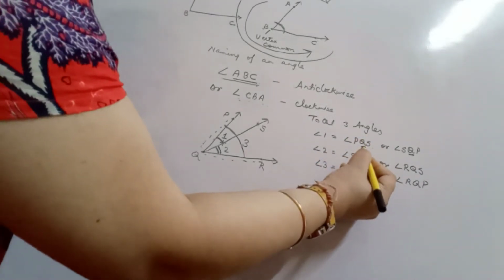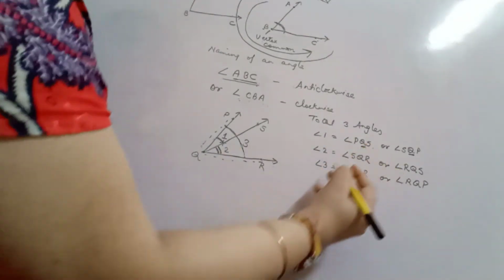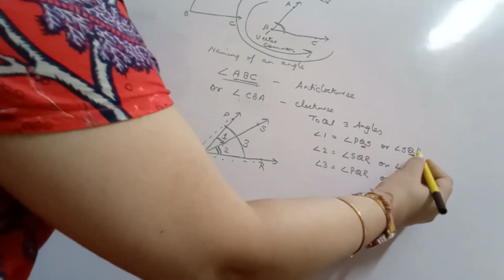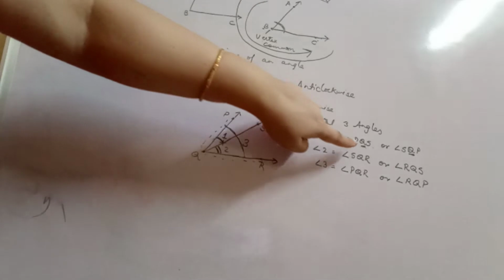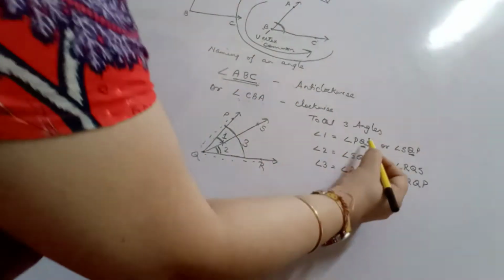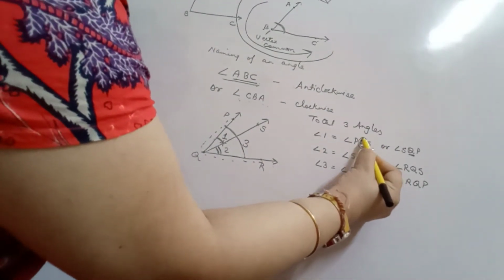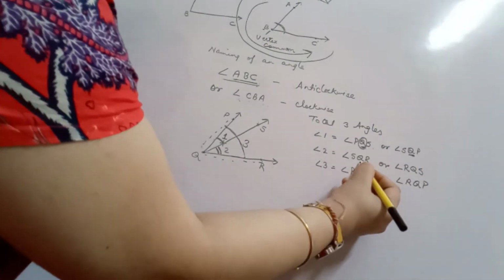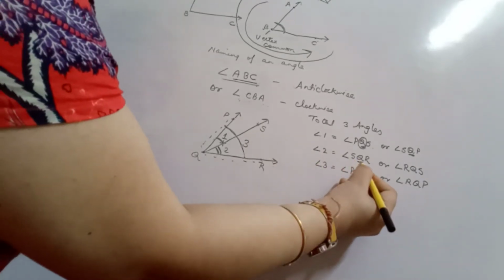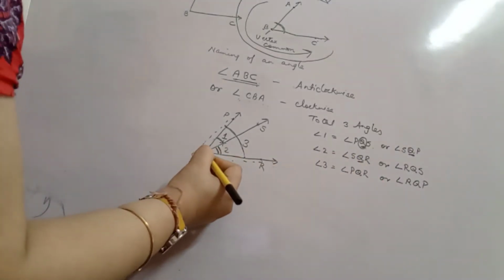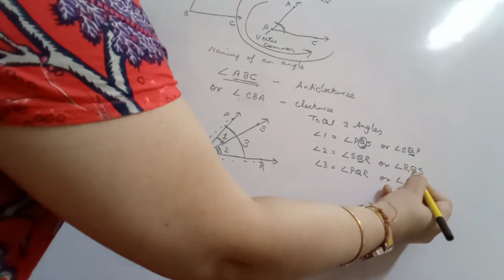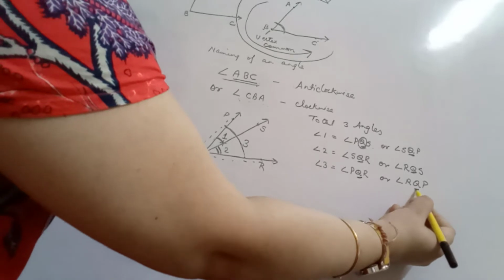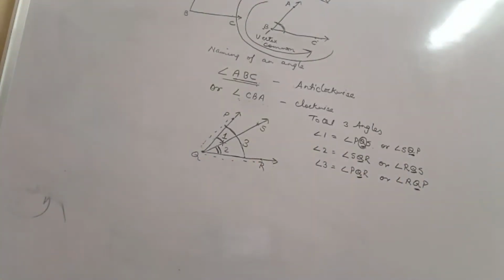This means that the vertex is Q. So whenever you are writing the name of an angle, the vertex lies between the 2 other alphabets. Similarly, in angle 2, what is in the center? Q. So Q is the vertex. RQS, Q is the vertex, PQR, Q is the vertex, RQP, Q is the vertex.